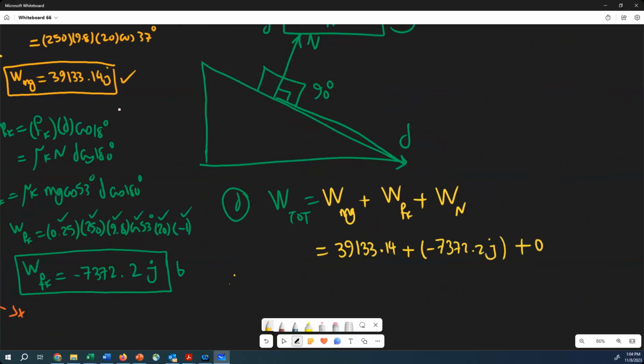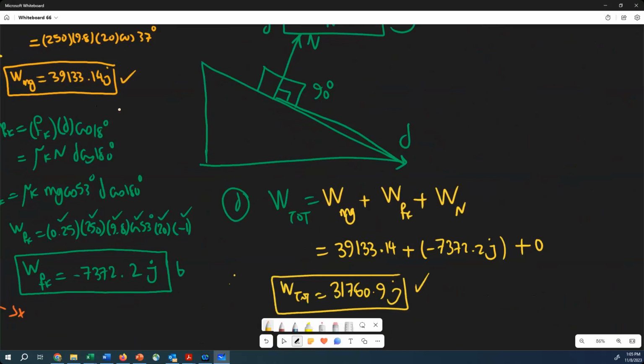Okay, subtract these two numbers, or add with the negative sign. $31,760.9. W total is going to be 31,760.9 joules. This is the net work.